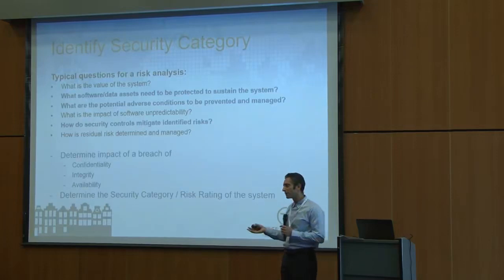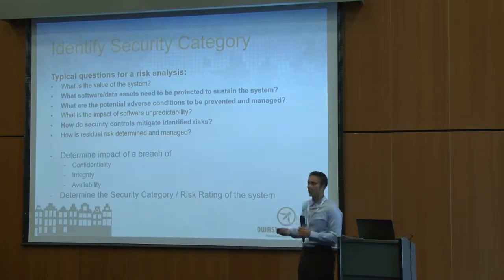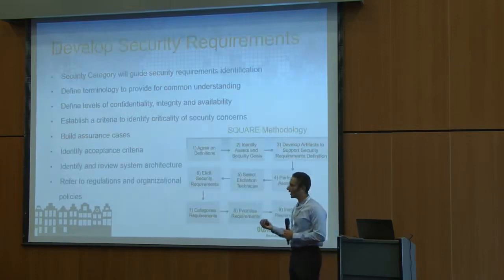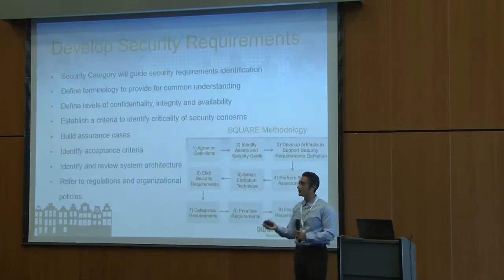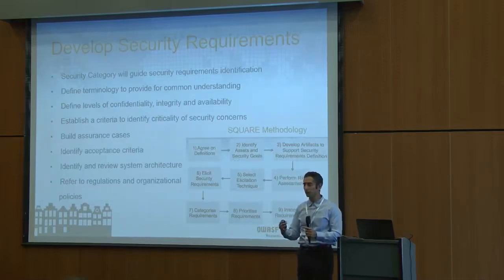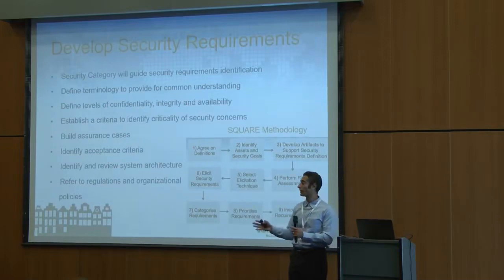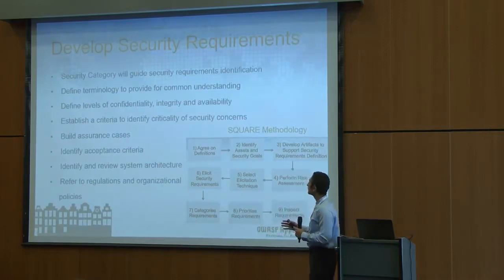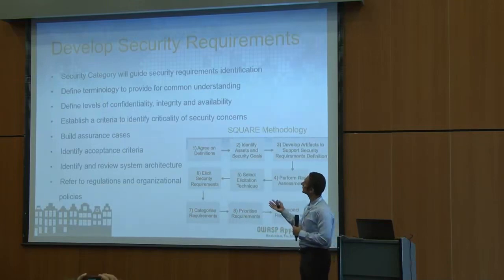So those might be requirements that you already have, but potentially you won't have that particular standard or benchmark to go back to, so you might have to build your own requirements, which you will in either case, right? Because you want to have specific controls and measures that address the particular threats of your system, right? So eventually you're going to have to build requirements specific to that system.